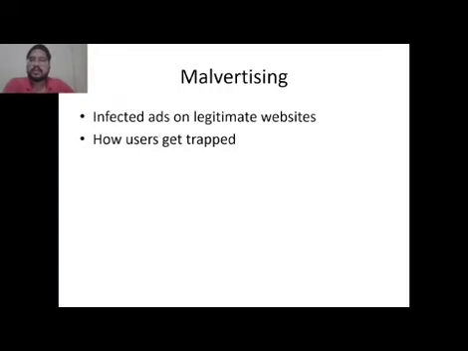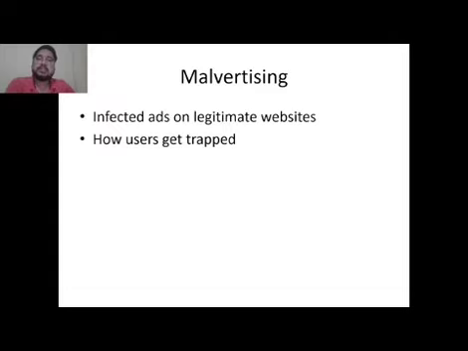Now move to the next slide, that is malvertising. This is malicious code hidden in online ads. You click on a banner ad and boom, your system gets infected with malware. What is scary is that these ads often appear on reputable websites.